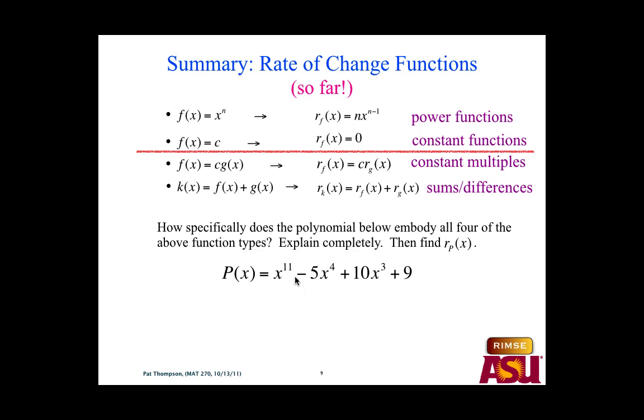All right, and then this minus 5x to the 4th, I've got a coefficient or a constant multiple of power function x to the 4th. What would the coefficient of the next term of this derivative simplify into? Yeah, I'm going to have a 5 and then multiply it on to 4x cubed, or a negative 5 multiplied onto 4x cubed.